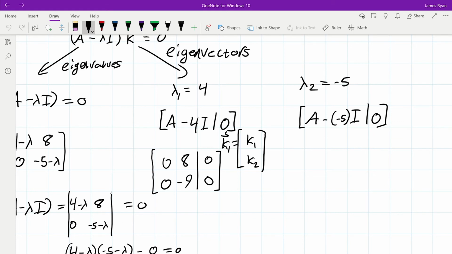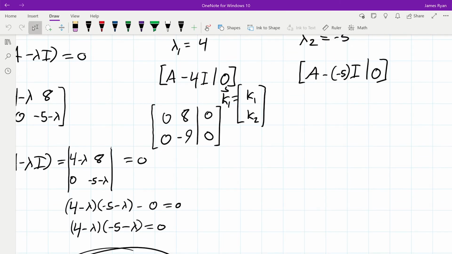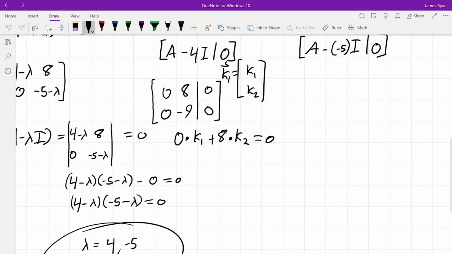So then this is k1, k2, then the system of equations is 0 times k1 plus 8 times k2 equals 0. Well, obviously, then k2 is 0.